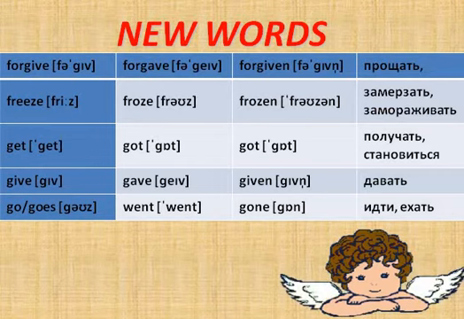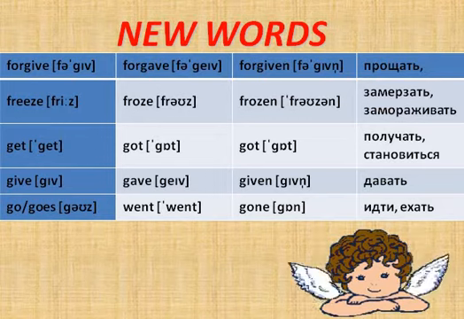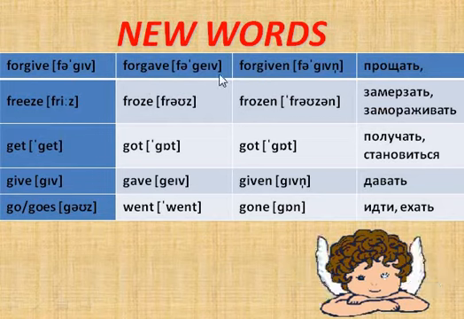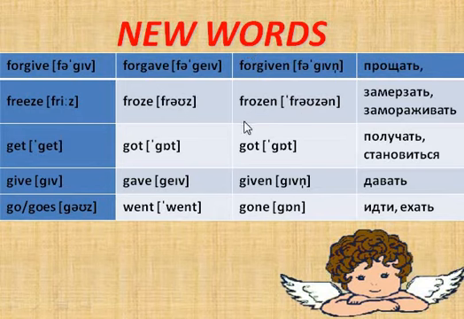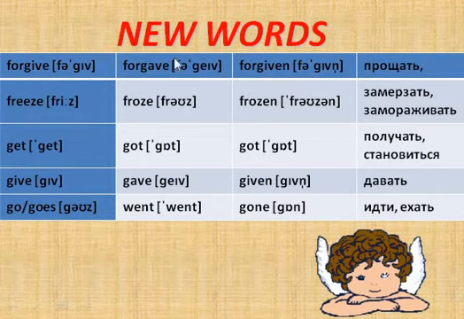Let's learn the new words. As usual, we are going to learn about what? Irregular verbs. How do you say irregular verbs? Неправильные глаголы, да? So, peoples, you don't need to learn by heart the third form of the irregular verbs. You can just learn by heart the first and second forms.